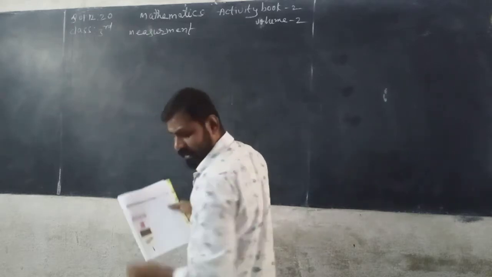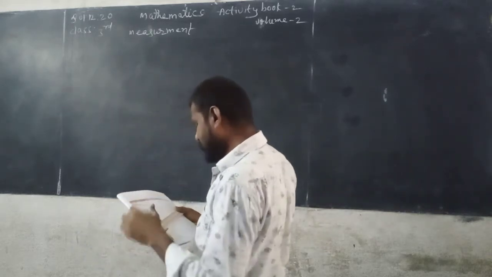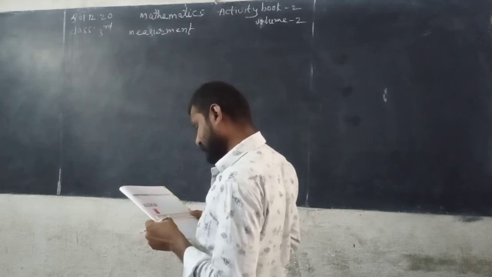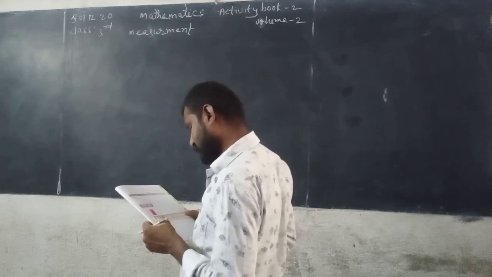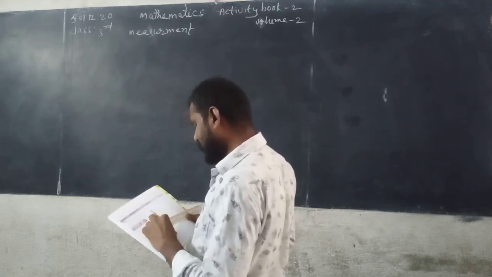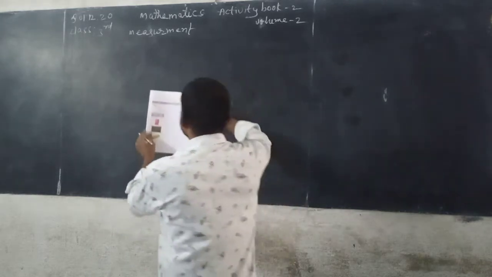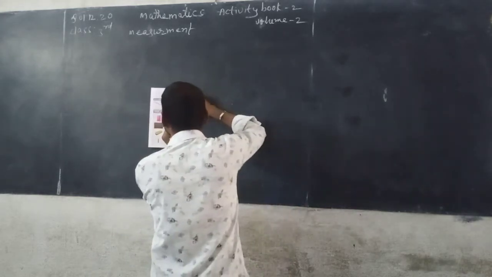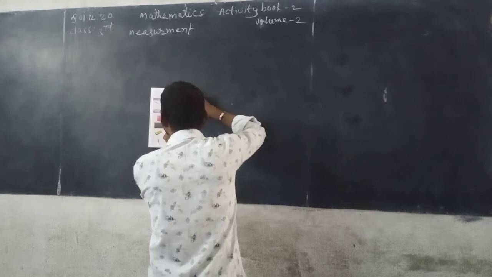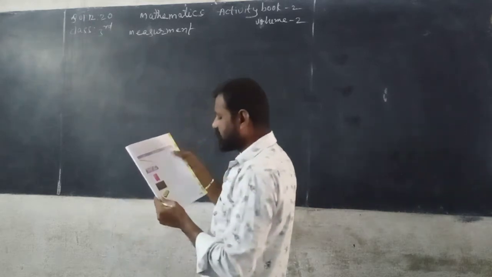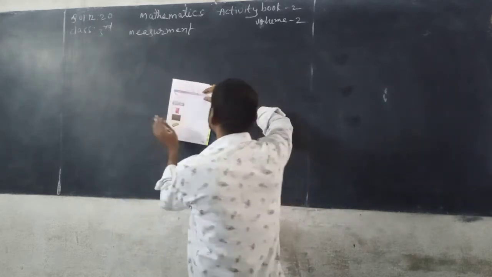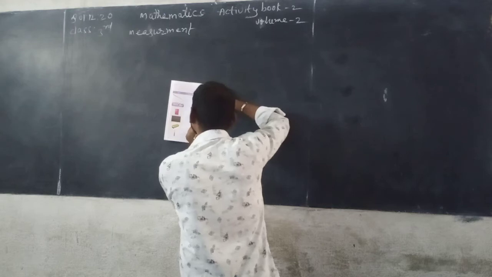But here, how many centimeters are there? Approximately 4 centimeters. So once again, this is the slate. What is the difference here? 8 minus 4 centimeters. This is a sad face.